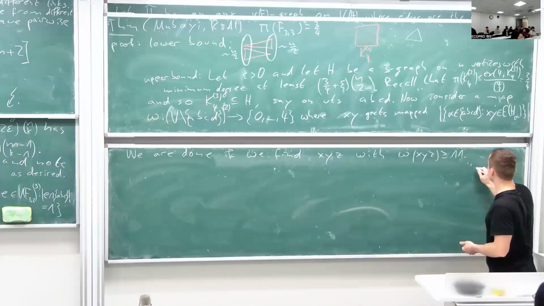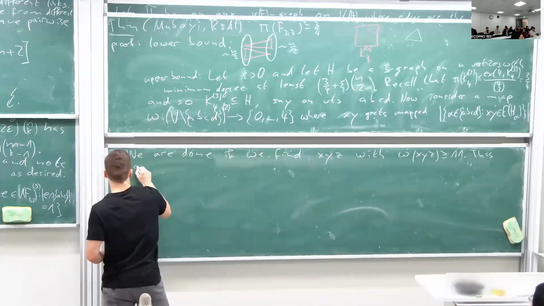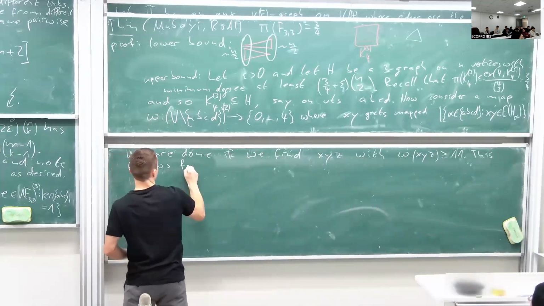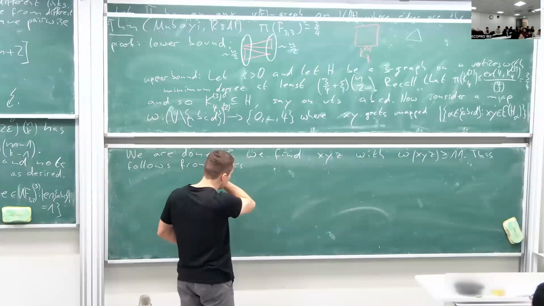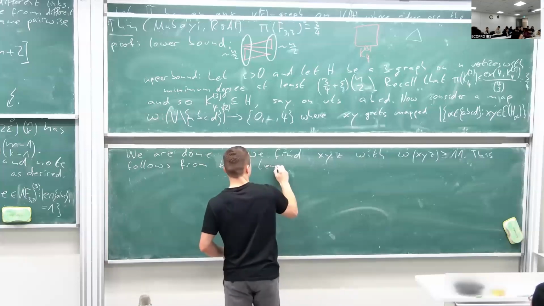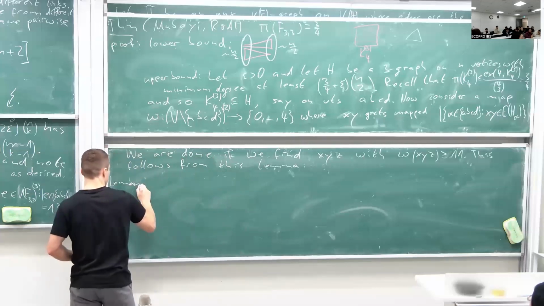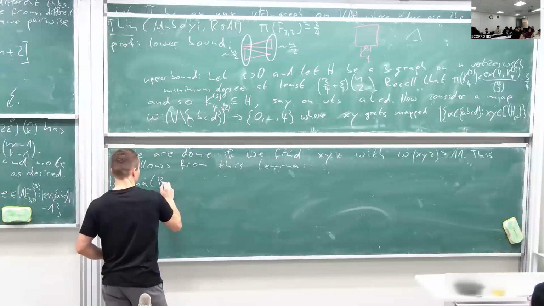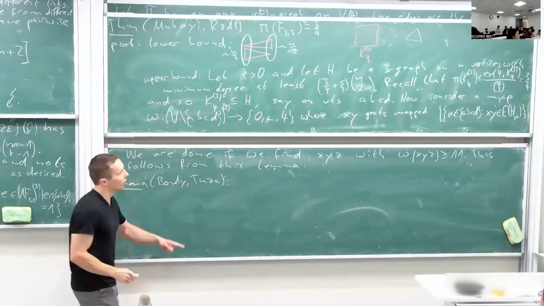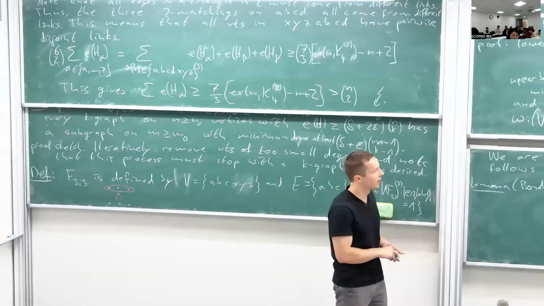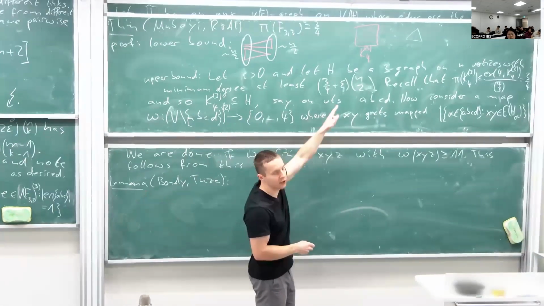So, and this follows from this lemma. So because of this minimum degree, we know how much weight we have in total, right?